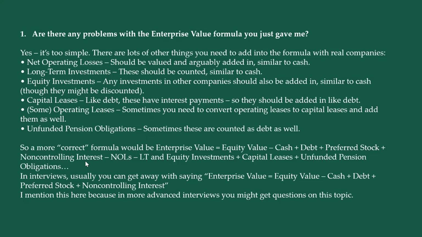But in practice, net operating losses are also used, and long-term investments, long-term equity investments and long-term debt investments are also used. Capital leases and unfunded pension obligations are also used.